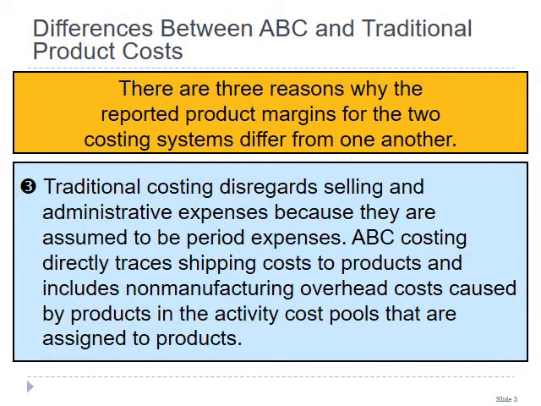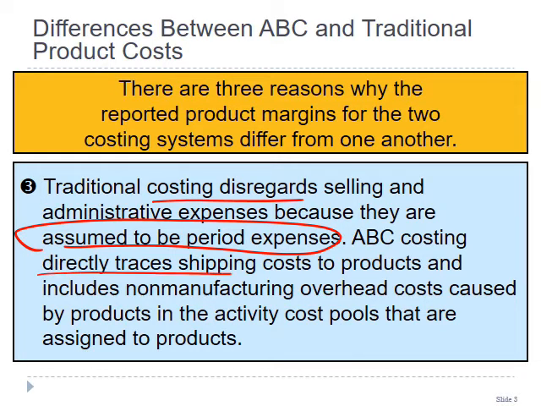The third reason why the product margin for the two costing systems differs is that the traditional costing disregards selling and administrative expenses because they are assumed to be period costs, right? While the ABC costing directly traces shipping cost to the product cost.